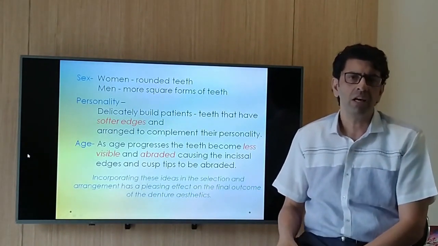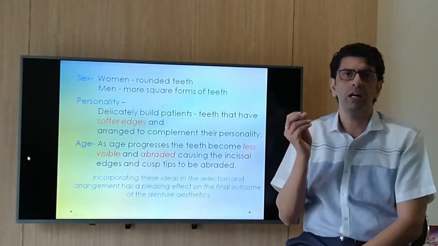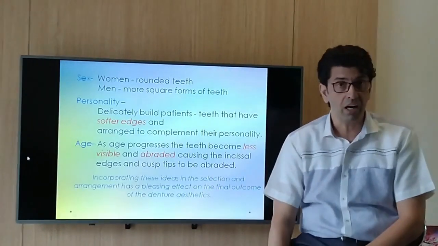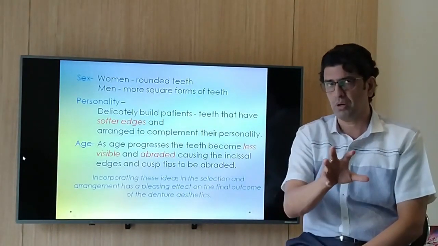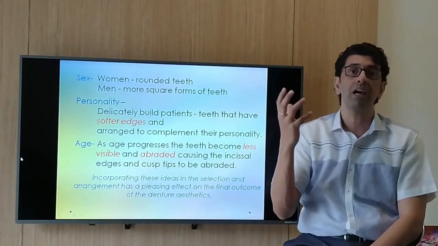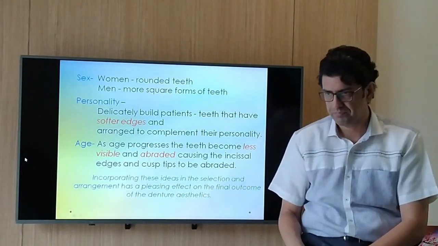You can just imagine a 50 or 60-year-old patient coming in and you arrange artificial teeth that have mamelons on them or that look very, very young. It's going to look totally out of place with the mouth, with the face in total. So again, coming back to the concept of being harmonious with the face, get the harmony with the age of the patient as well.